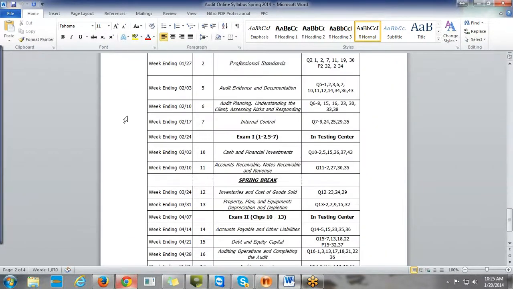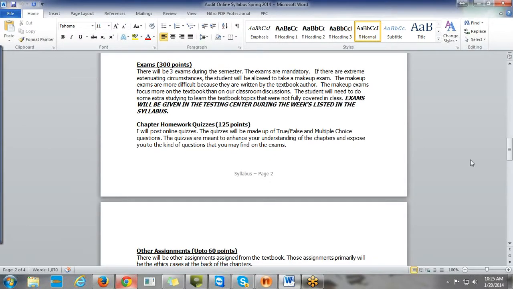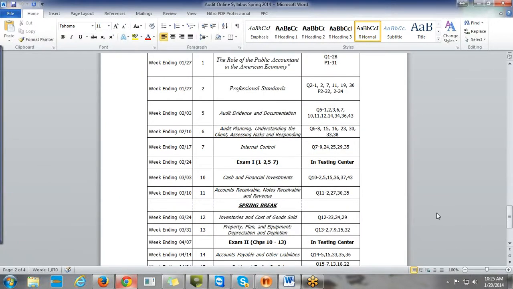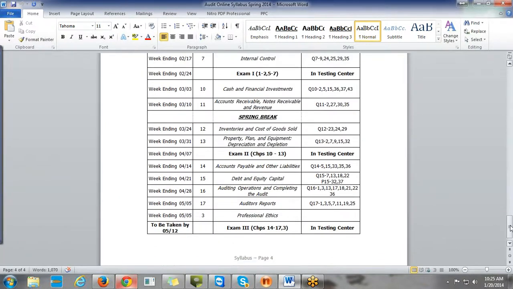Exam 1 will be open in the testing center until February 24th, and exam 2 until the 7th of April. You can take exam 1 anytime before February 24th, and exam 2 anytime before April 7th, but exam 3 will have to be taken by May 12th.